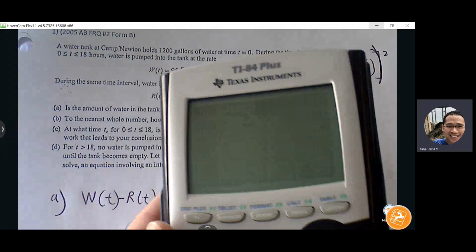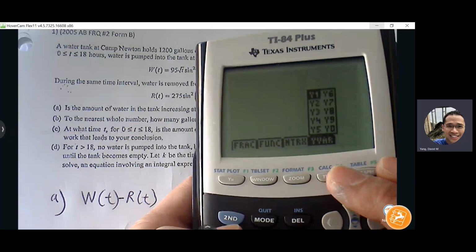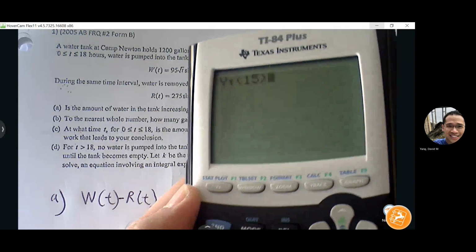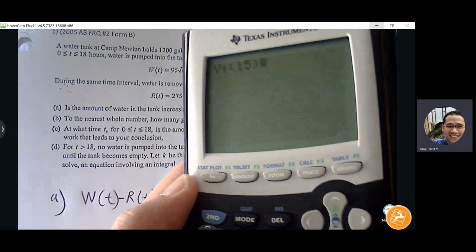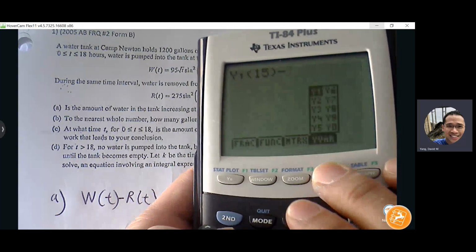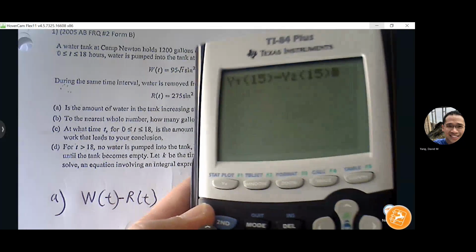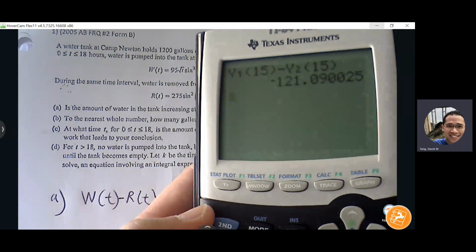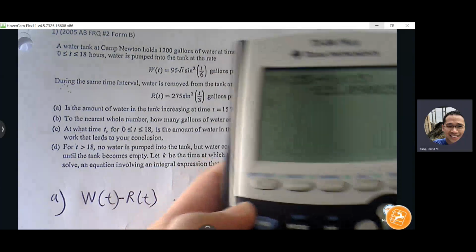So once I have y1 and y2 holding W of t and R of t, then if I do alpha trace y1, I can just plug 15 in that way, and the calculator is going to know, okay, you want 15 in for all the variables within the expression, minus my R of 15, alpha trace y2. Okay. We get a negative number out of it, so that indicates to us that the water level is what? Yeah, going down.